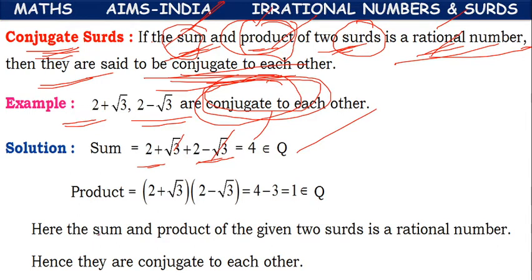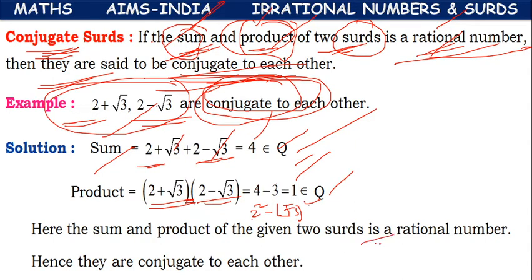Rational number. If we do the product, 2 plus root 3 times 2 minus root 3, a square minus b square, 2 square minus root 3 whole square. 2 square means 4. Root 3 whole square means 3. 4 minus 3, 1. Rational number. Both the sum and product are rational numbers. So they are conjugate to each other. We call them conjugate surds.